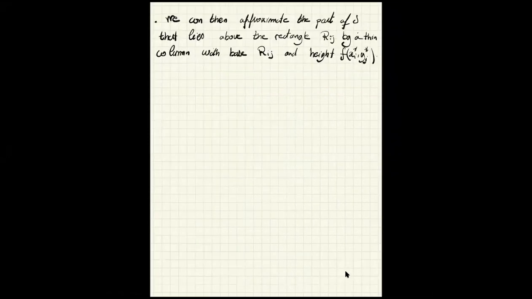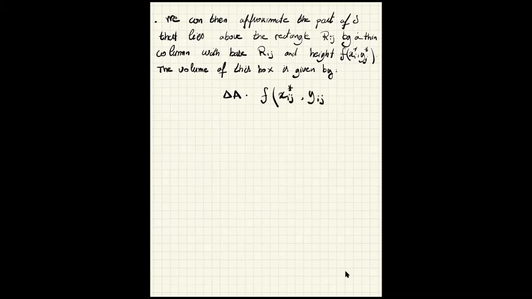So we can approximate the volume of this box, or column, or whatever you want to call it, by the area of the rectangle times the height of the function, f of x_ij star, y_ij star.